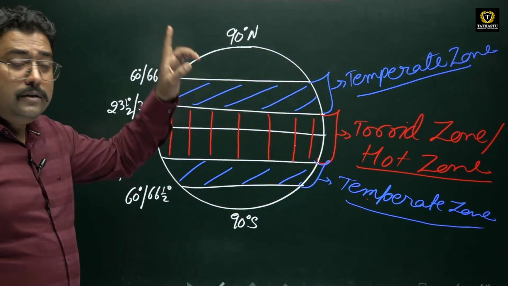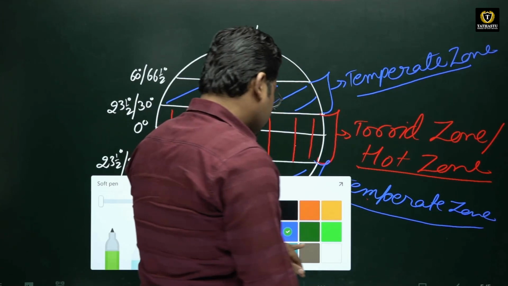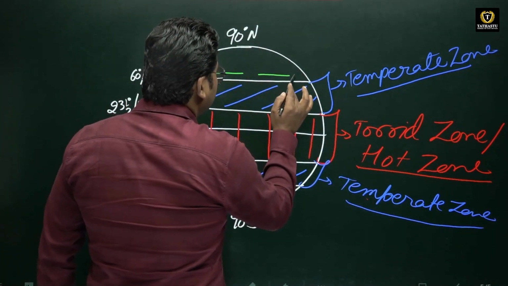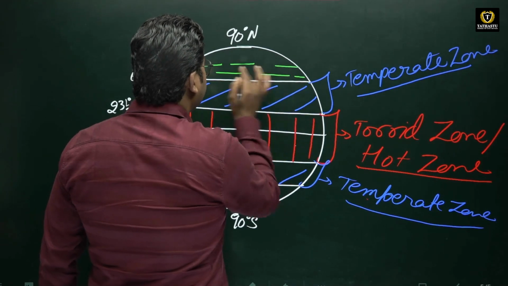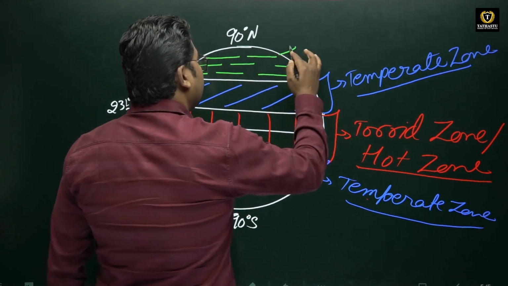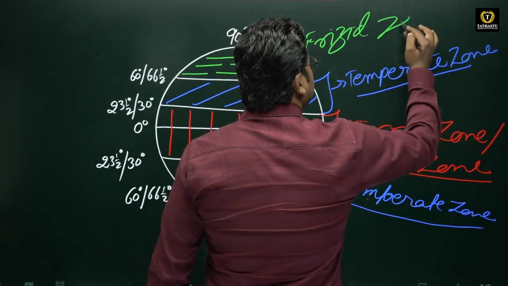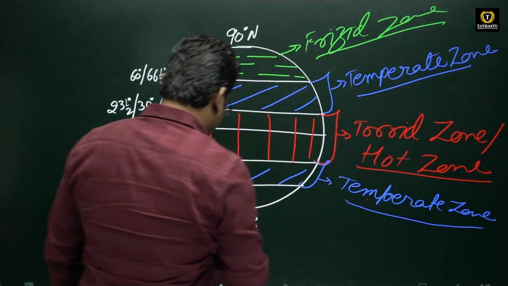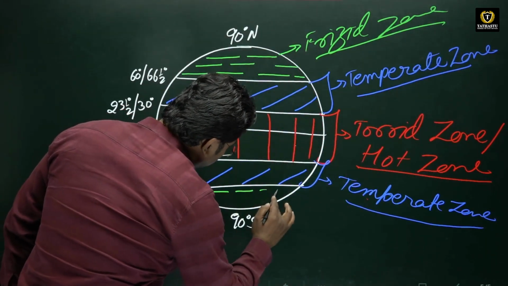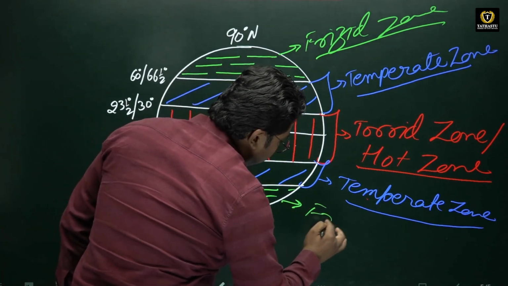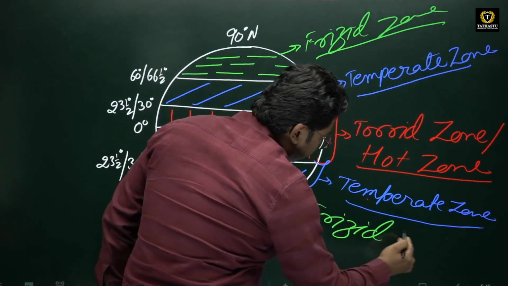And beyond 66.5, the sun rays are almost horizontal in nature, due to which it is considered as frigid zone, or in layman term, the polar areas which are frozen throughout the year.